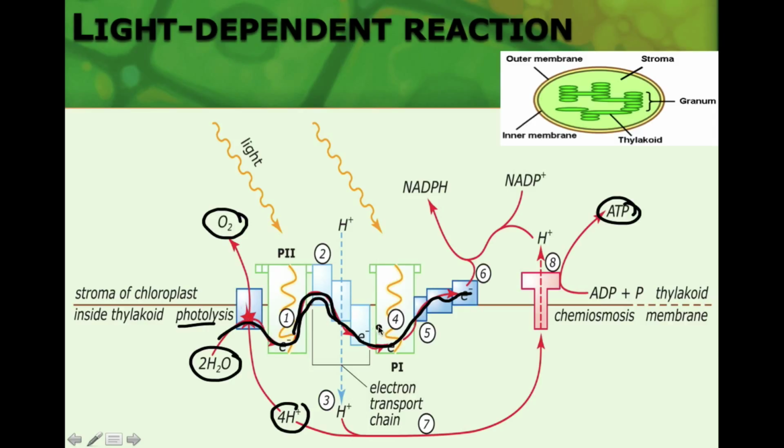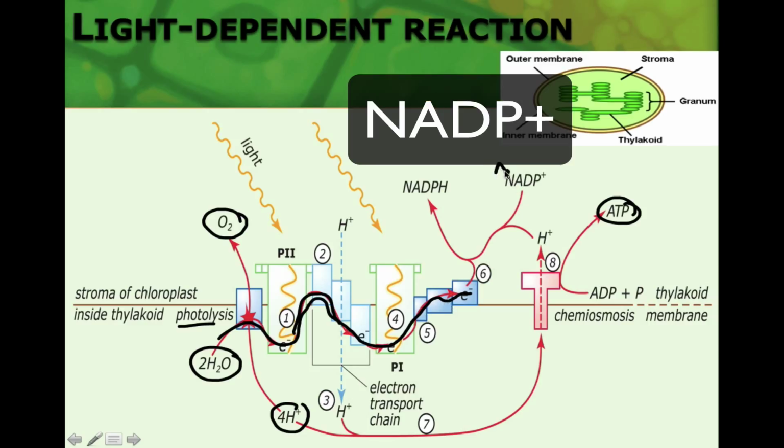So after an electron has passed through the electron transport chain, it is still highly energized. So to capture the remaining energy, the electrons bind in pairs to a special electron carrier molecule known as NADPH. So it'll carry these two electrons here.